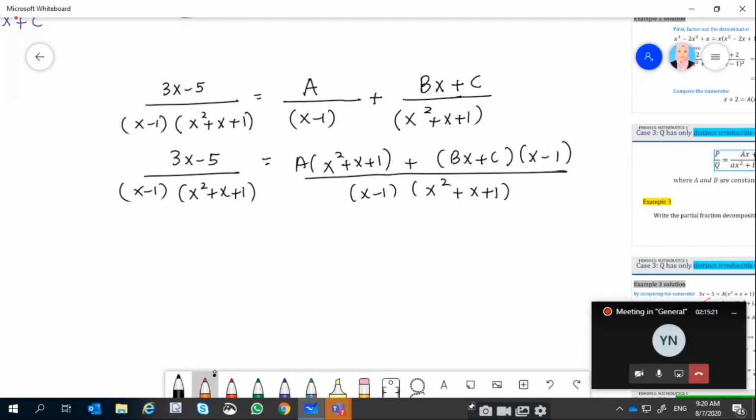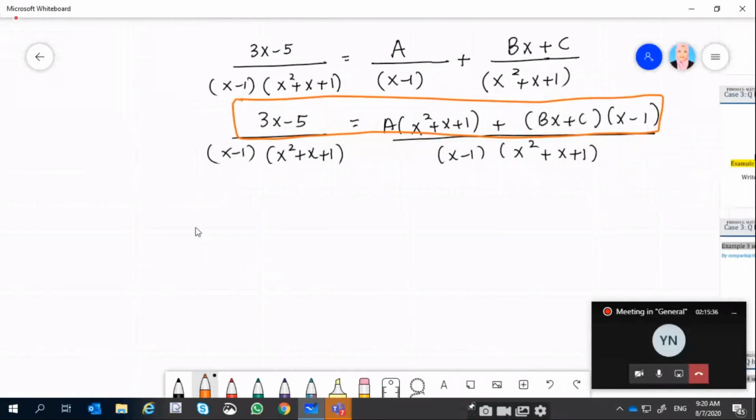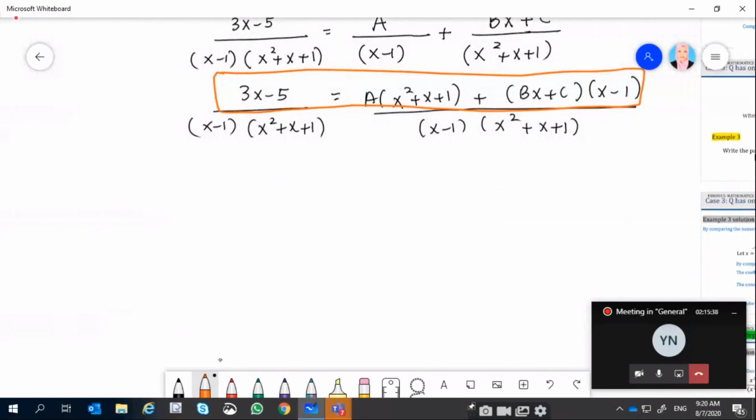Okay, compare the numerator part. Since you have a linear factor and also a quadratic factor, I would suggest applying both approaches. For the first one, since you have a linear factor, s minus 1, you can get the root s equals 1.